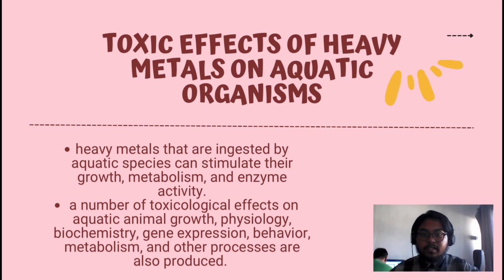Third, heavy metals enter aquatic animal bodies through subcutaneous absorption and osmotic exchange. In certain concentration ranges, several heavy metals ingested by aquatic species can stimulate their growth, metabolism, and enzyme activity.